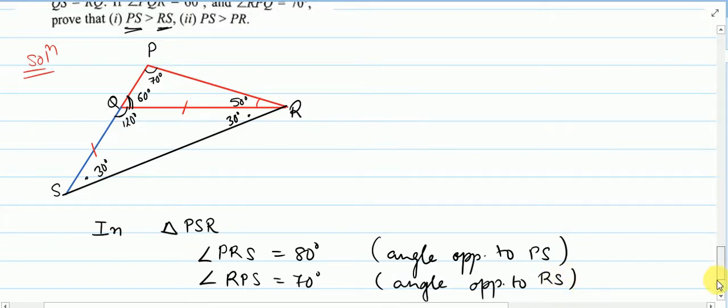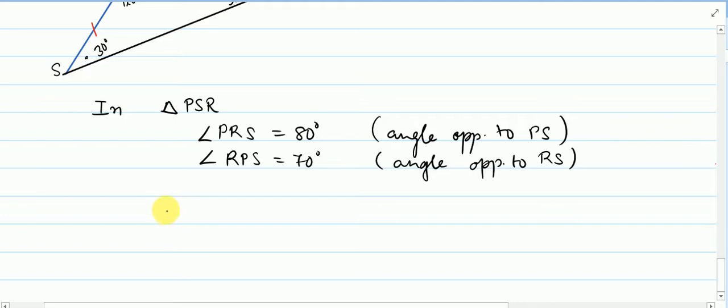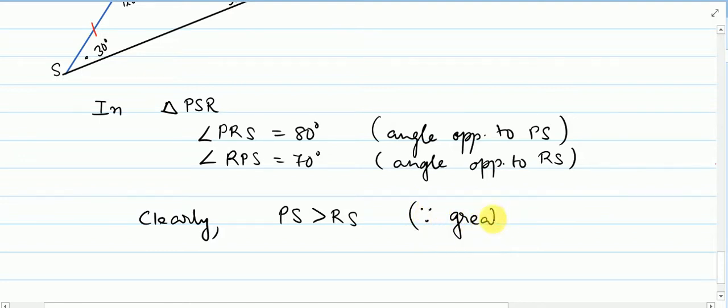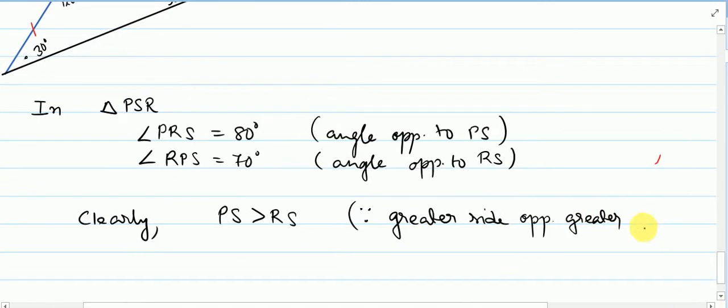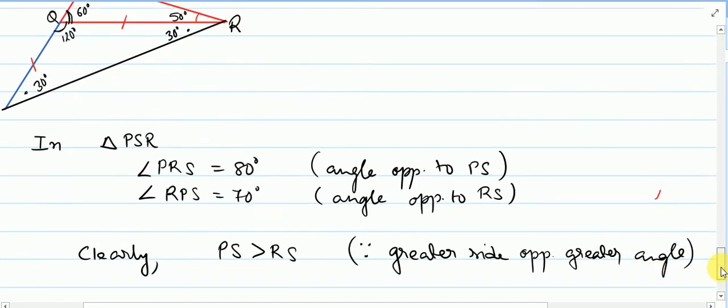Okay, clearly, so here you can see that angle opposite to PS is greater, therefore clearly PS will be greater than RS. You can give the reason, since greater side opposite greater angle. Okay, so first one is proved.